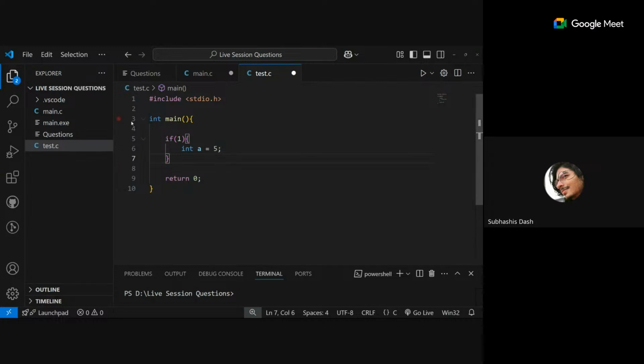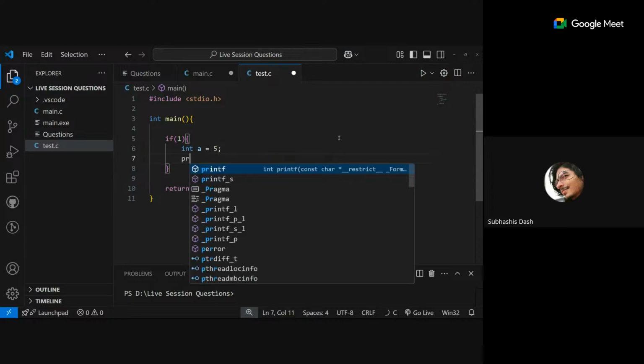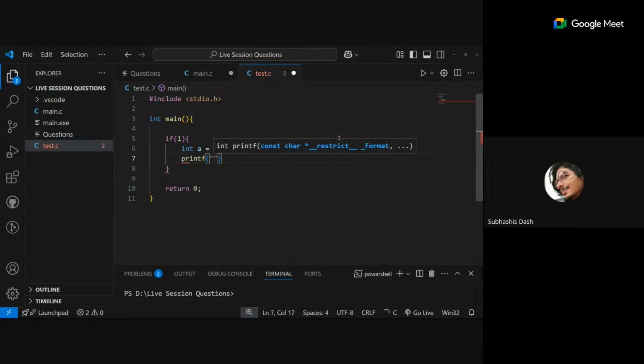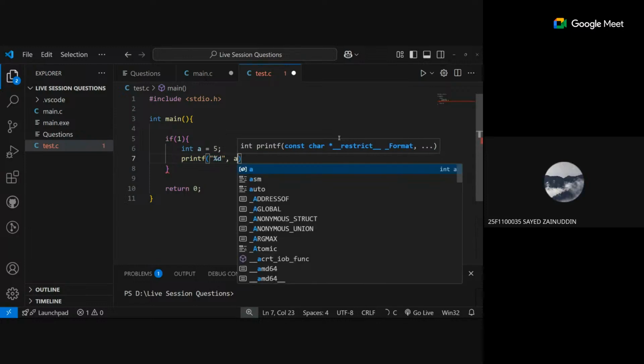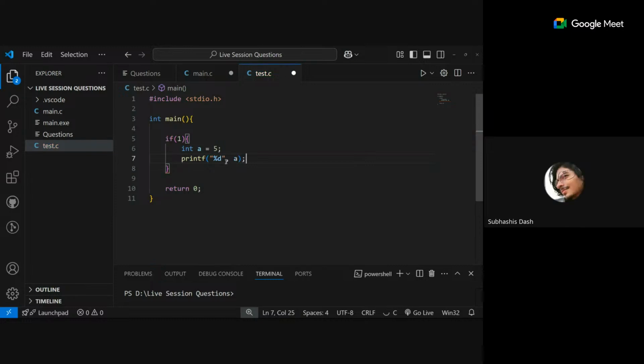Okay, so we have this code right here. So can anyone tell me what will happen if I print this inside the if statement? It will work within the if statement. Like, what will the output be? What will the output be for this one?